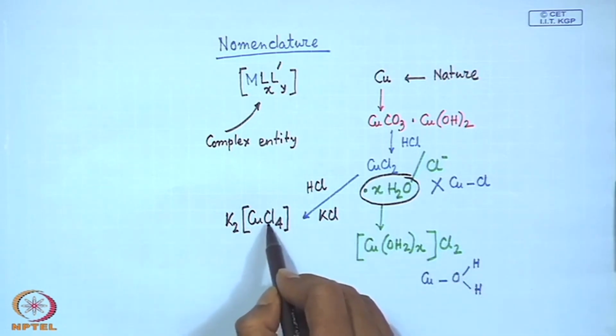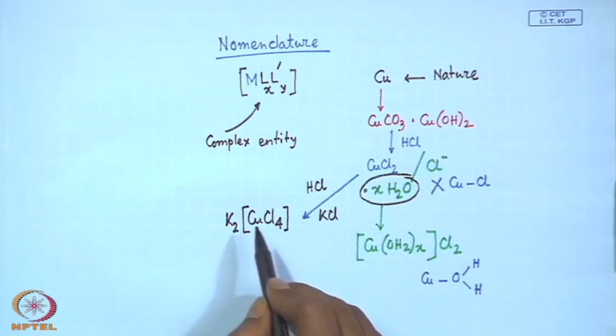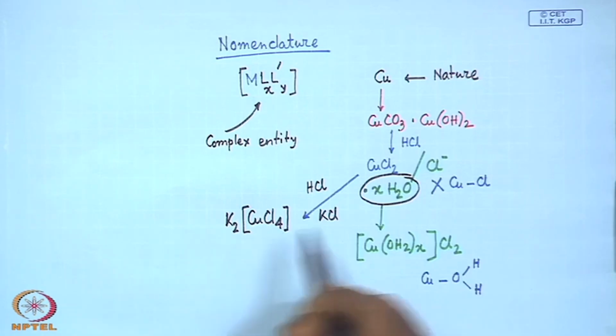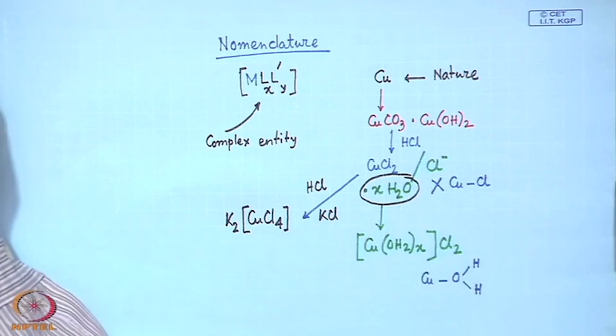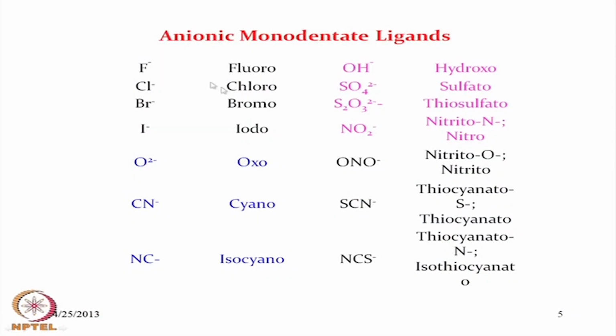So, all 4 chloride groups can be bound to the copper center, and this can be a very good example for the corresponding coordination compound where we can have the monodentate coordination of Cl minus. So, not only this Cl, but also we can have the fluoro, bromo, iodo. So, all these things.